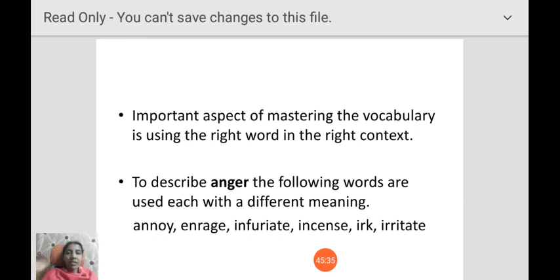And incense. Here incense means exciting someone with a strong feeling of anger. We use the word Usagolpadam in Telugu, the right word.